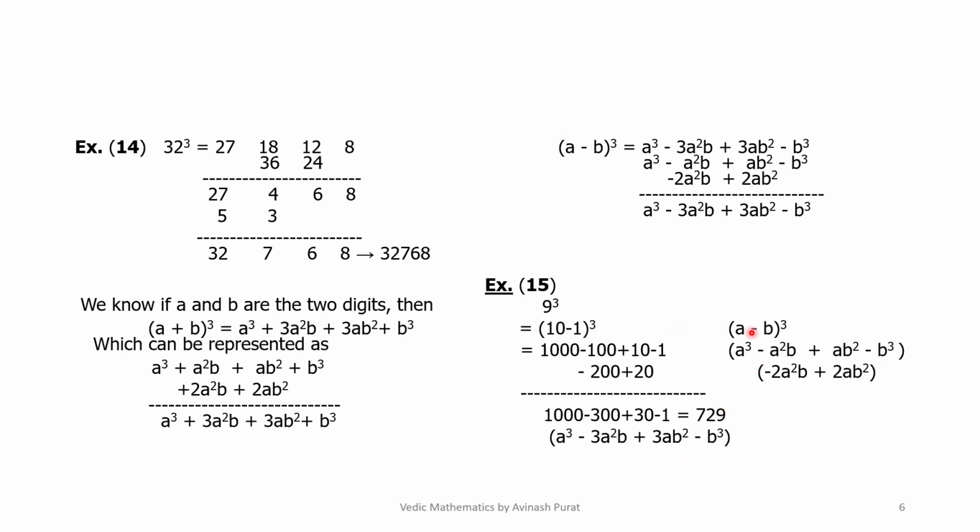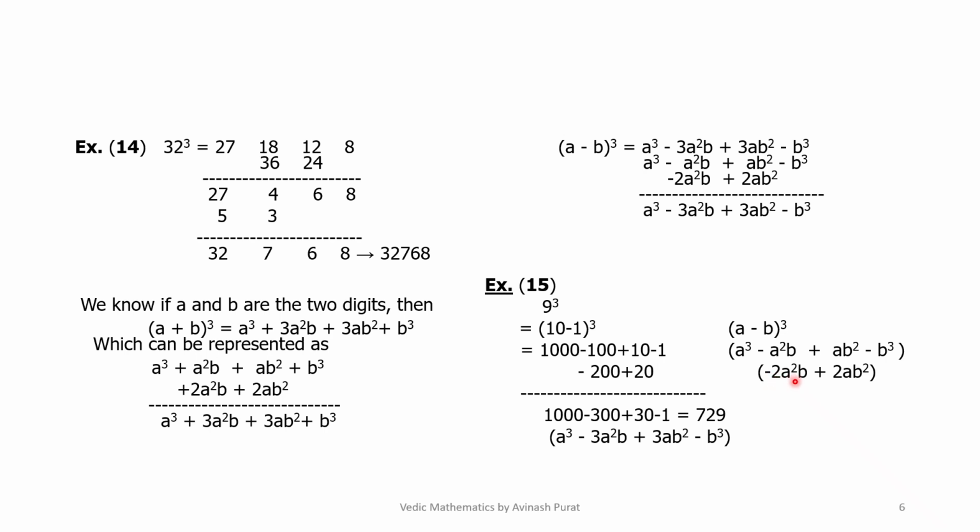Now this is (a minus b) cube, so a cube is 1000, minus a square b, which is 100 into b, that is 10 square into 1, so 100 into 1, plus ab square, that is 10, b square is 1, minus b cube is 1.